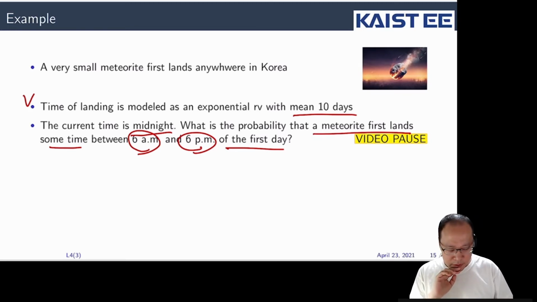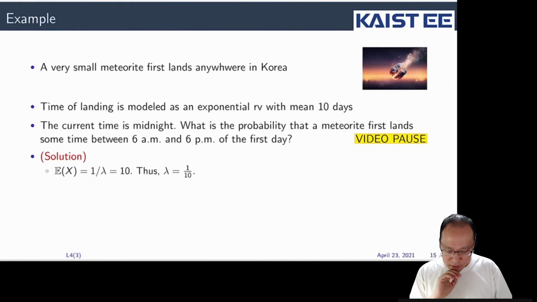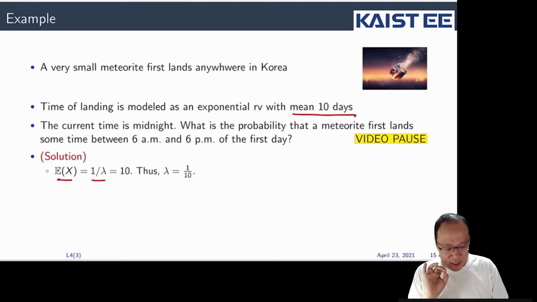Okay, so let's solve it. We know that the expectation of the exponential random variable is 1 over lambda. And the mean is 10 days, so 1 over lambda is 10. So lambda is 1 over 10.